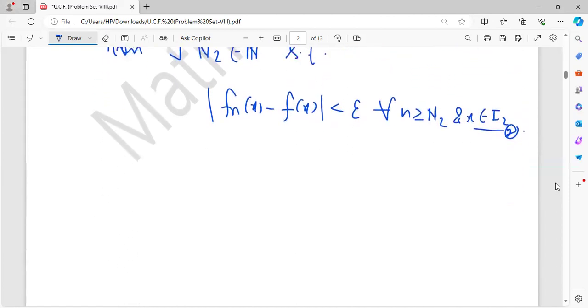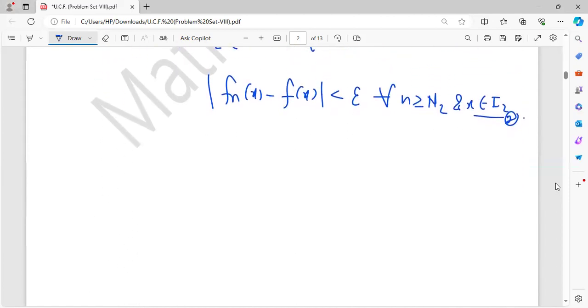So put capital N equal to the maximum of N1 and N2.